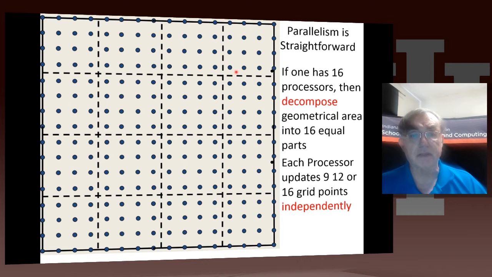In fact, there are different amounts of data in each core. This core here has 16 independent points. This core up in the corner, because these boundary conditions are known, only has to find 9. But they're more or less solving the same problem. They're solving Laplace's equation in this case in the subregion.